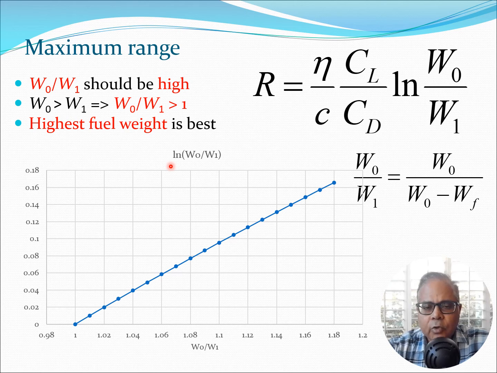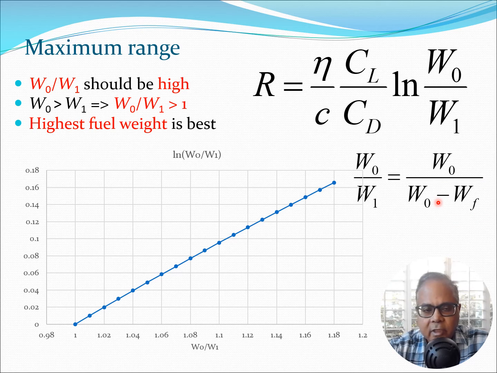Now, you can very easily do this plot in an Excel spreadsheet, and what you're going to get is a line like this. So this clearly tells you that this is directly proportional to W0 by W1, and so you want to maximize this value of W0 by W1. Now, to maximize this value, you will immediately see that you should have higher values of WF.